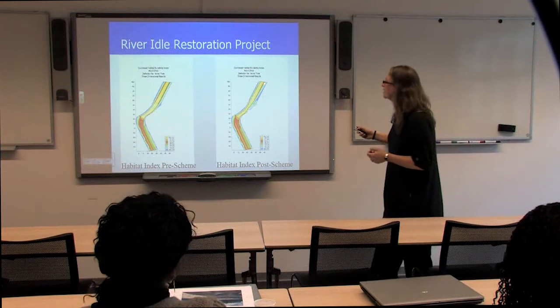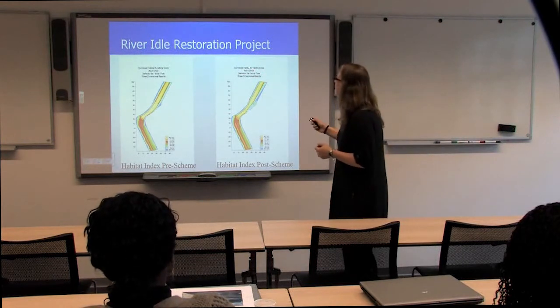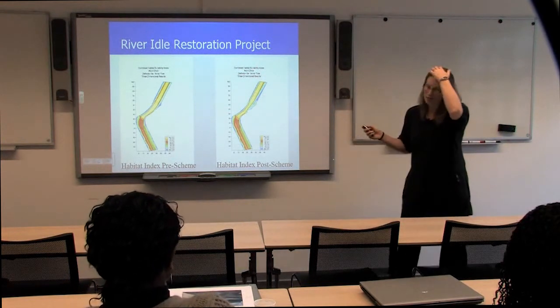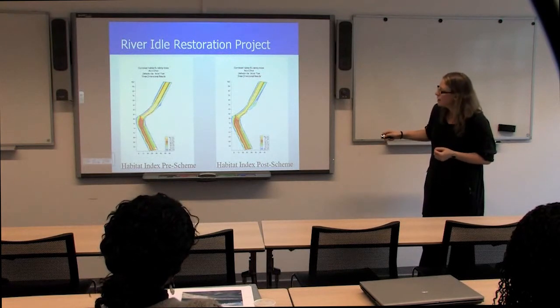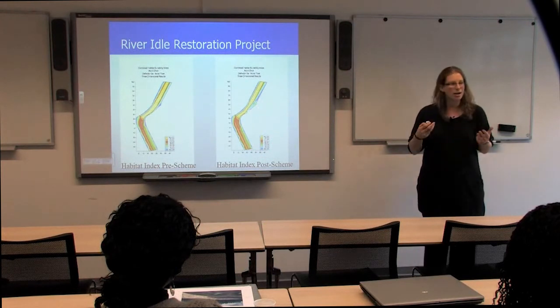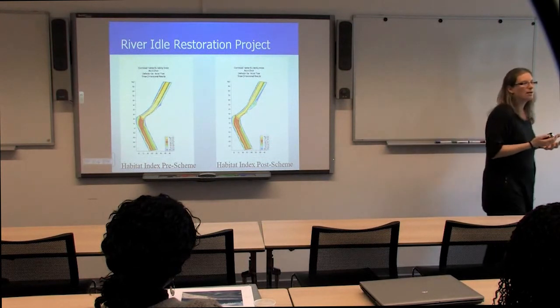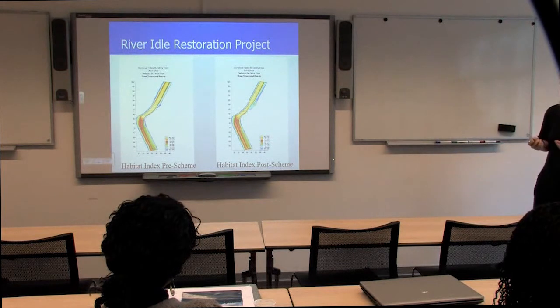So here we can say habitat of the adult chub. An adult chub is a particular fish species. Here we can see the habitat index pre-scheme, and here we've improved the habitat and given them an area of refuge.